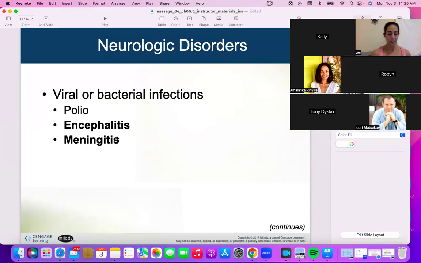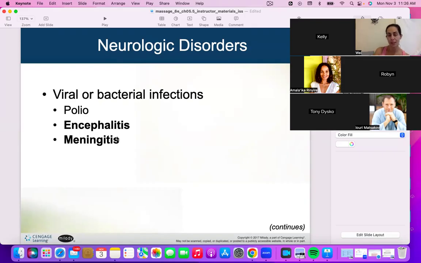Alrighty, massage. Massage depends on both. If somebody has polio or post-polio syndrome, again, you just talk to your doctor and see what's the best course of action, okay? Encephalitis refers to the related viral disease that causes inflammation of the brain or the meninges.